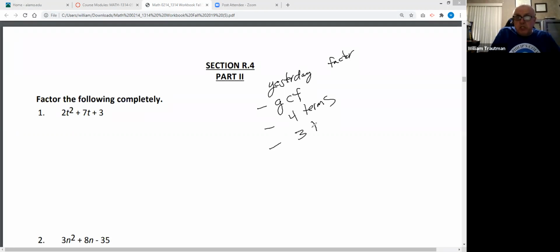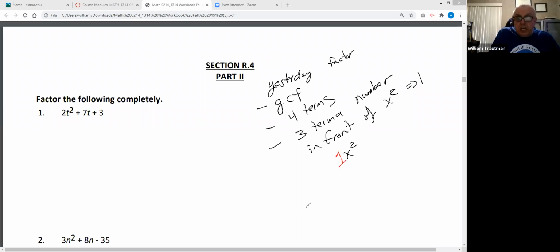We factored 3 terms when the number in front of x squared equals 1. In other words, there's an invisible 1 right here.